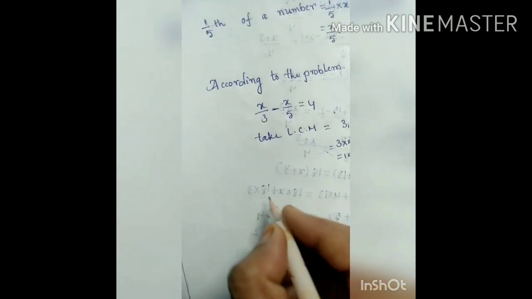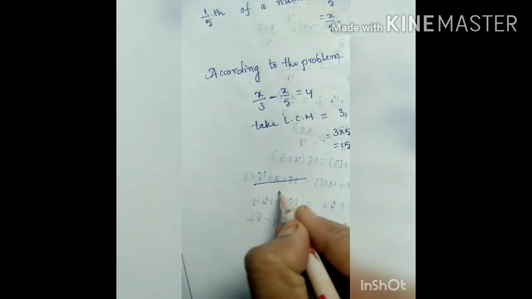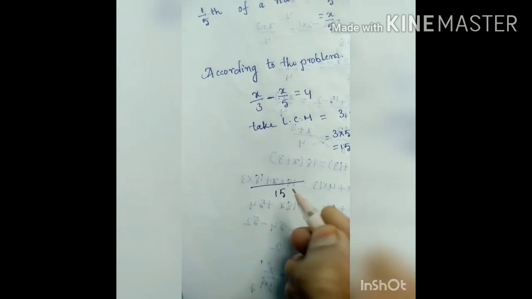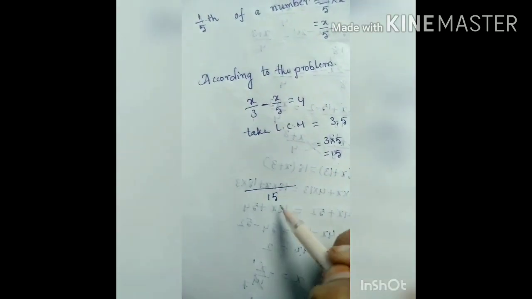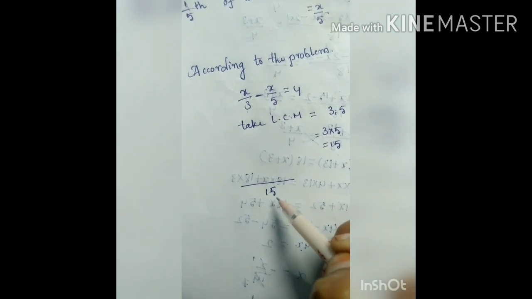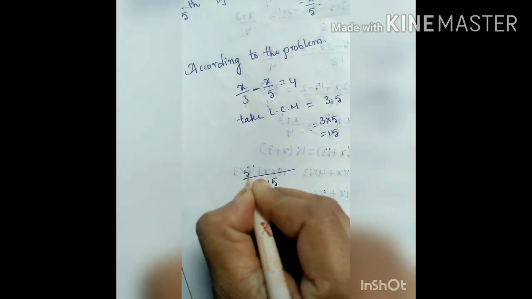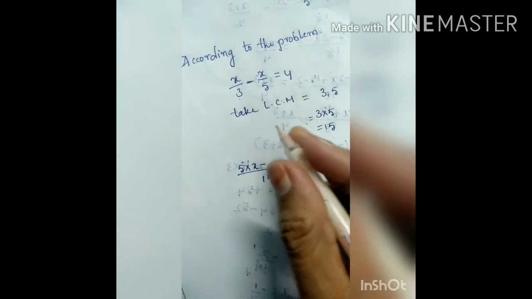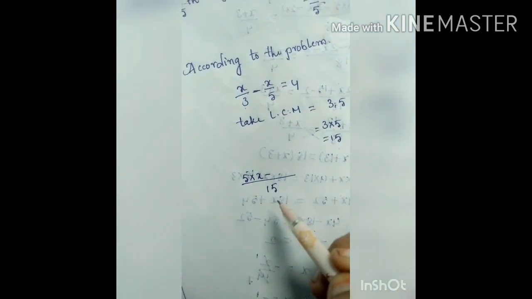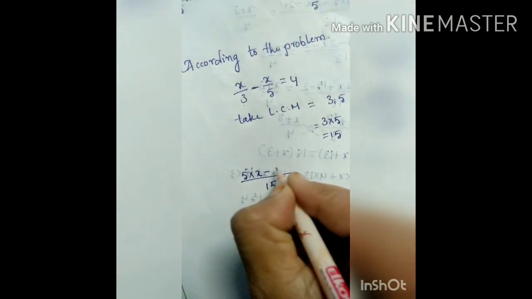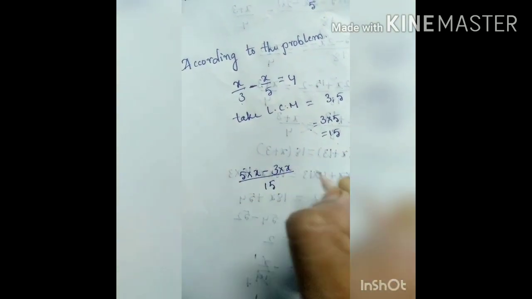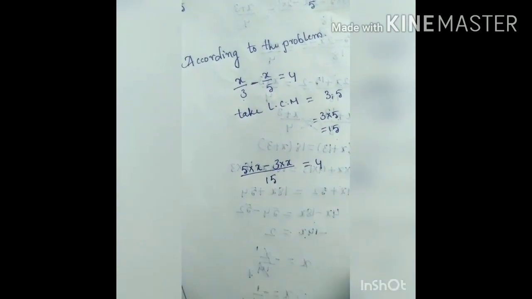So here take the LCM 15. 3, how many times is possible in 15? 5 times. So 5 into numerator x. 5 into x minus 5, how many times is possible in 15? 3 times. 3 into x is equal to 4.